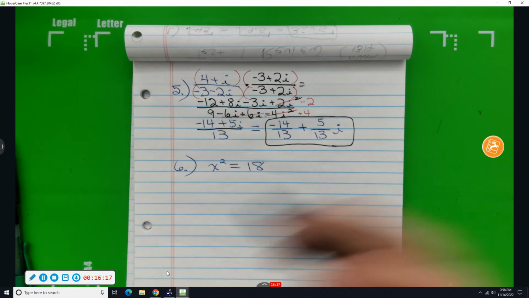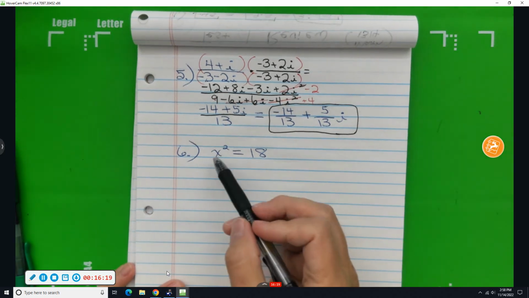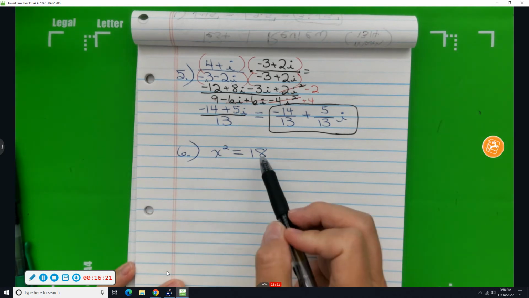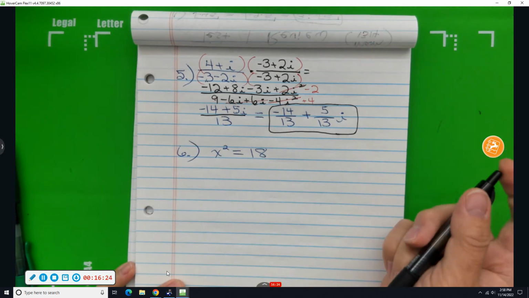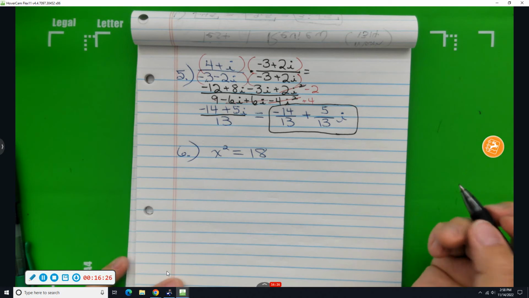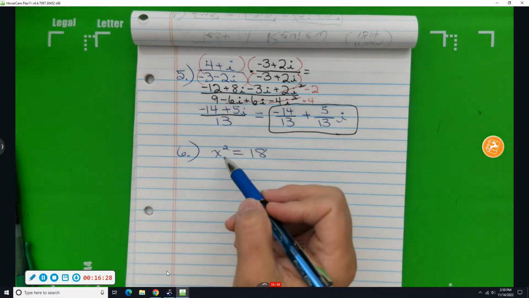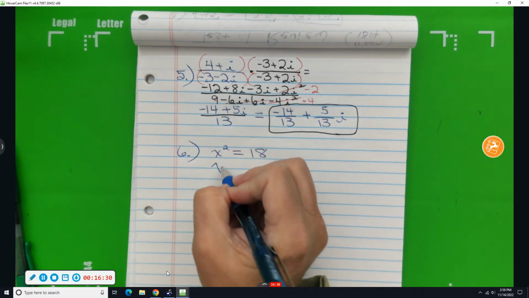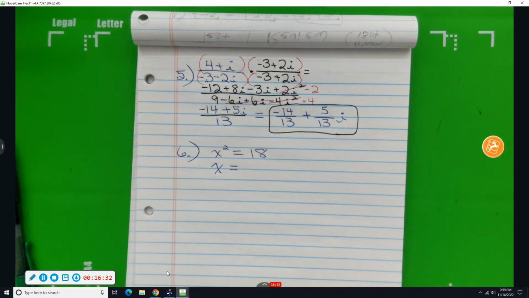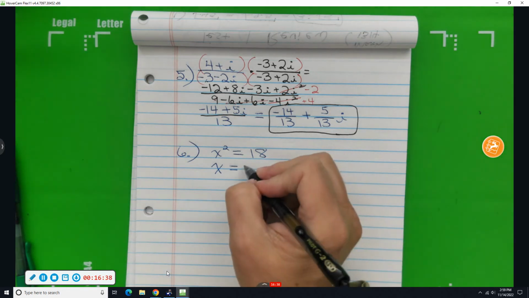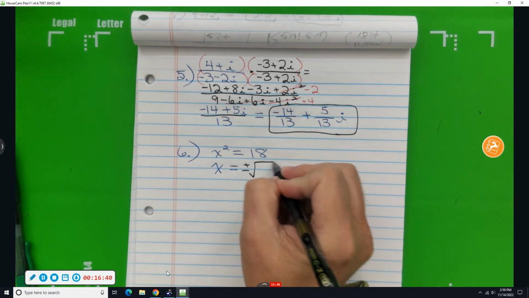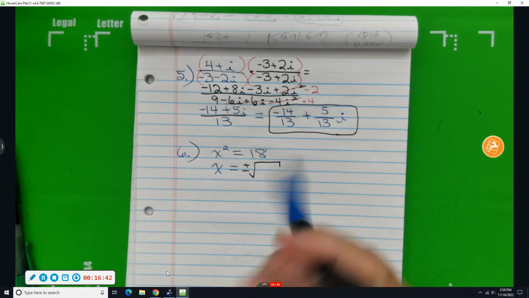The square root method can be used when you have a quantity squared on one side and a number by itself on the other side. You drop the square on the left, and what do you pick up on the right? A plus or minus square root of 18.